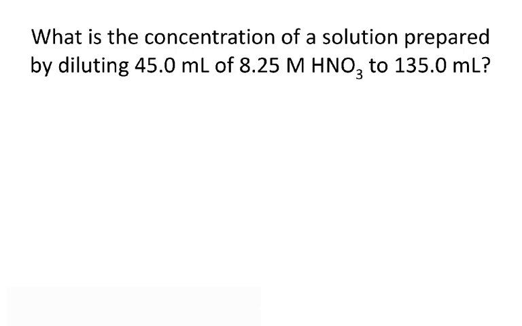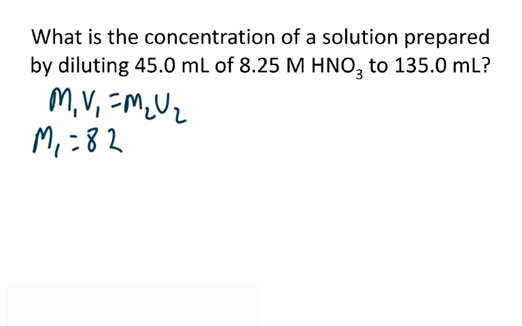Right, another question. What is the concentration of a solution prepared by diluting 45 milliliters of 8.25 molar nitric acid to 135 milliliters? So again, M1V1 equals M2V2. Here we know our M1 is 8.25 molar.